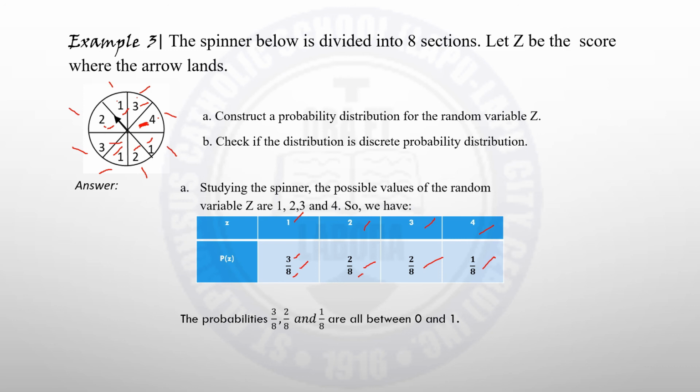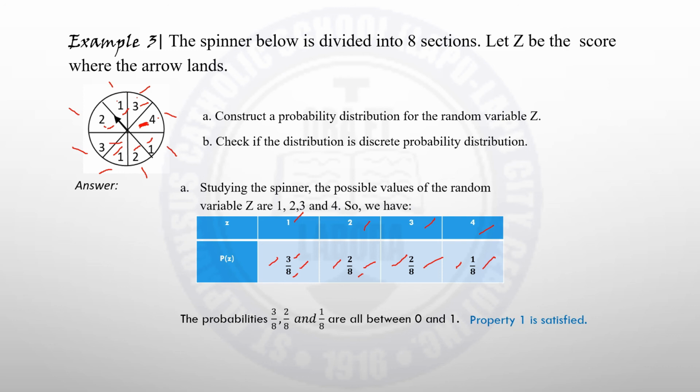So we have 3 over 8 is less than 1 but greater than 0. 2 over 8 is less than 1 but greater than 0. We have also that 1 over 8 is less than 1 but greater than 0. So, the first property is considered satisfied.